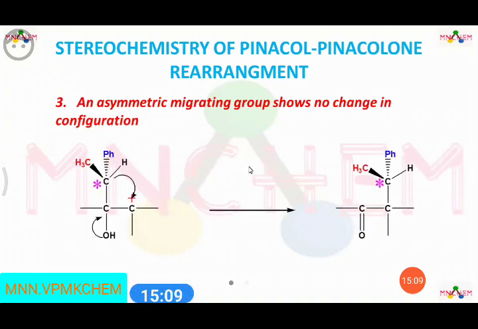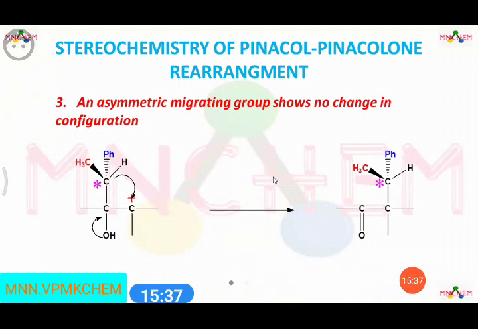For example, if we have this asymmetric migrating group which migrates to this carbocation, in the product the configuration of this chiral carbon remains unchanged. So this rearrangement is intramolecular in nature.